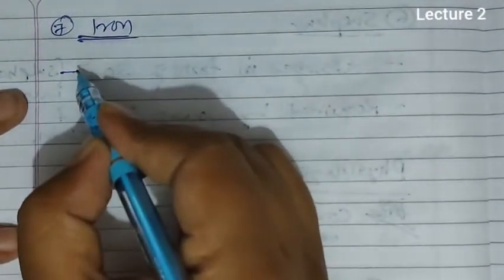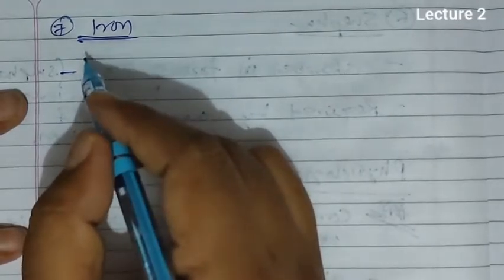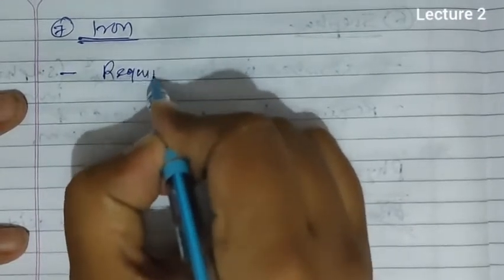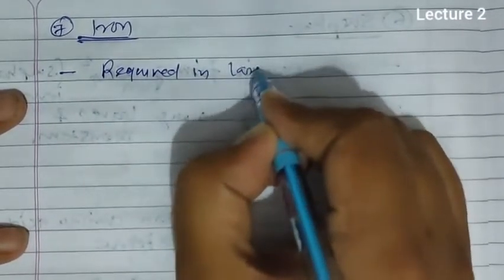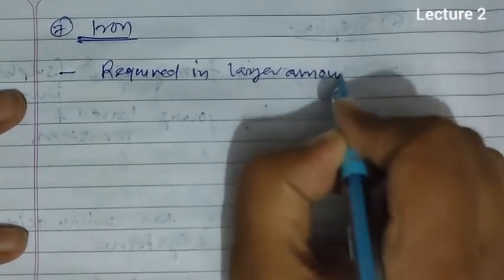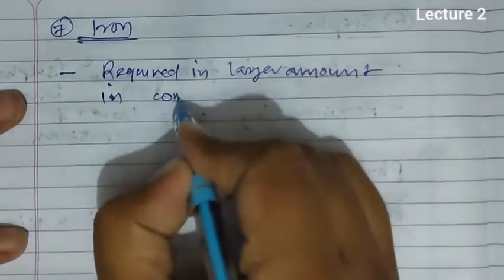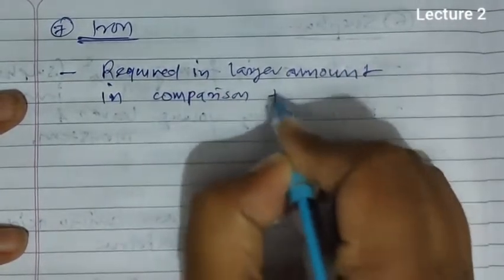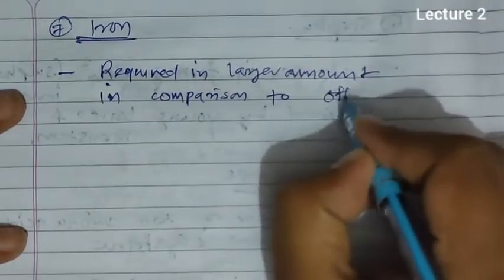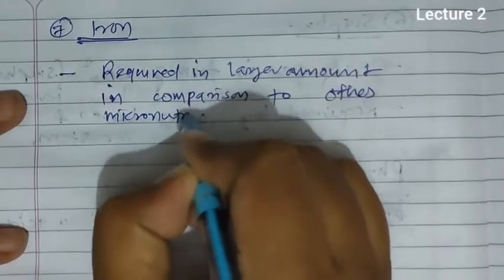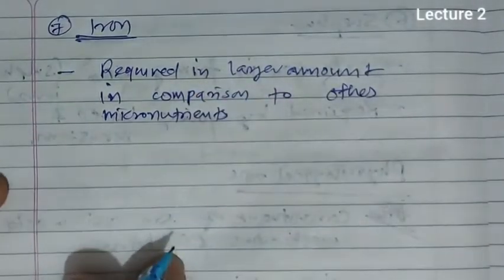Next we talk about the seventh element, that is iron. This iron is required in larger amount in comparison to other micronutrients.